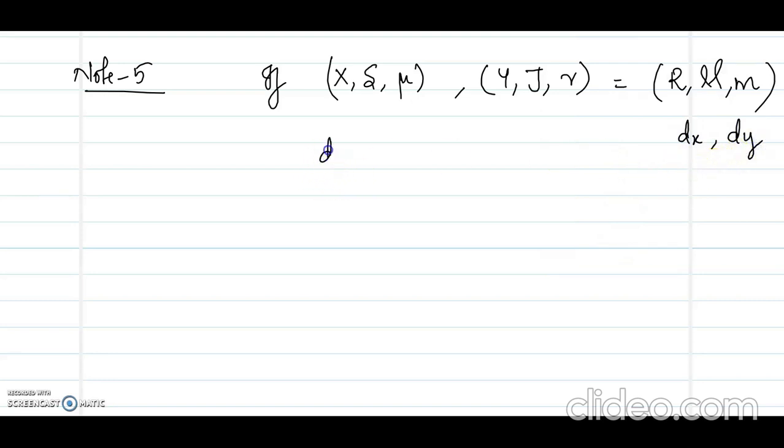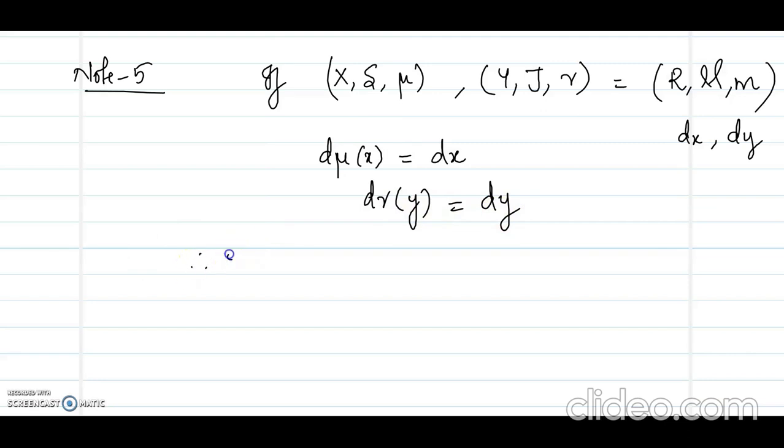So d mu of x will be written as dx. The measure we use on the real line is the Lebesgue measure. So d mu of x, mu will be the Lebesgue measure, and similarly r will also be the Lebesgue measure in this case. So we denote d mu of x as dx and d r of y is denoted by dy.